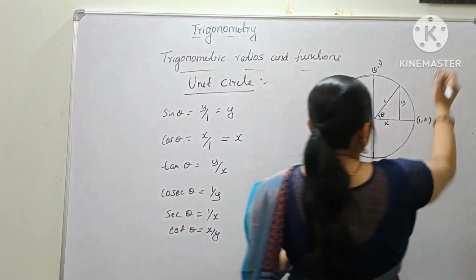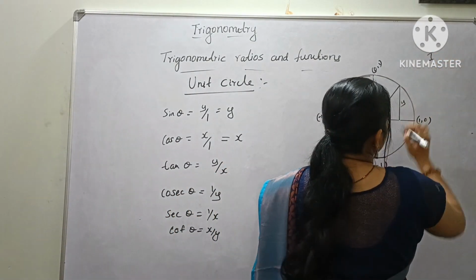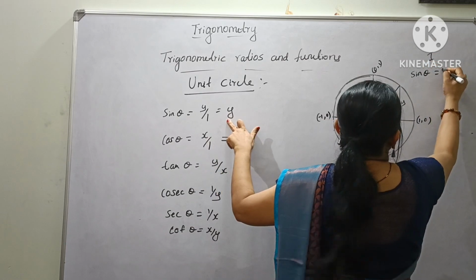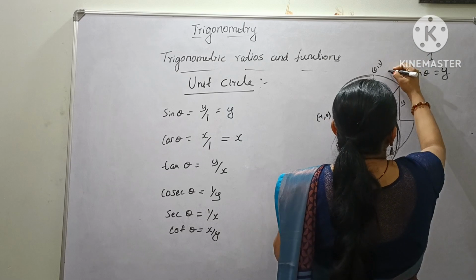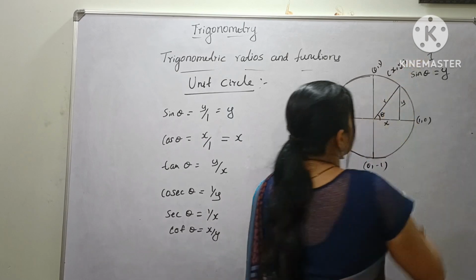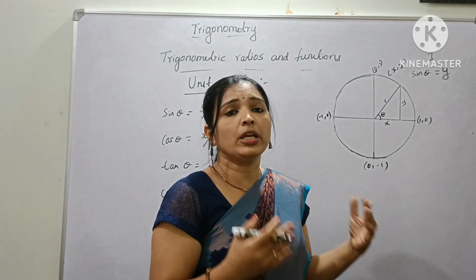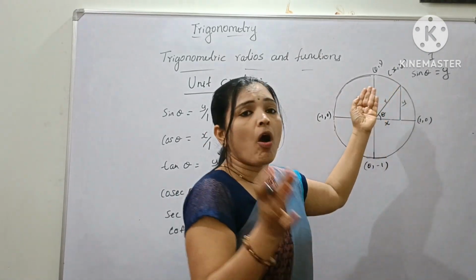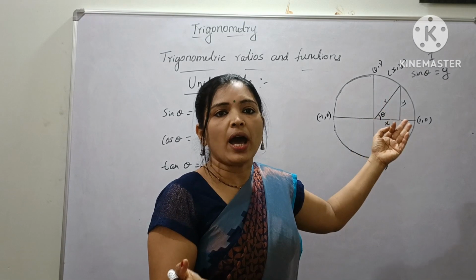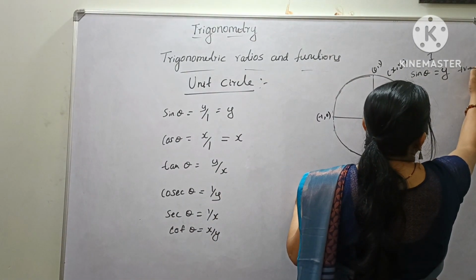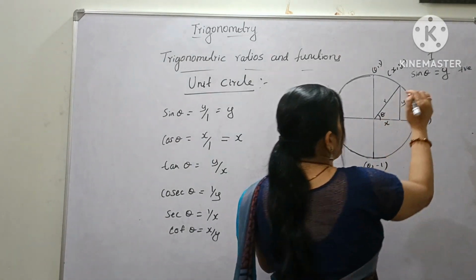So in the first quadrant, any ordered pair x, y has both x and y positive. Here sin theta is equal to y, and y is positive in the first quadrant.